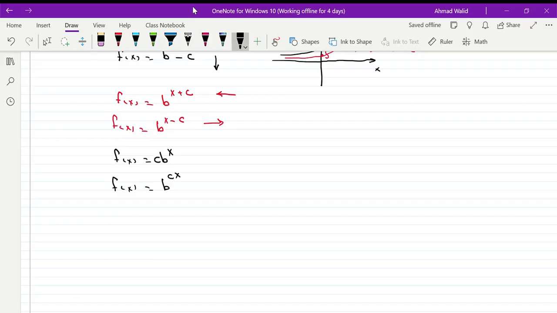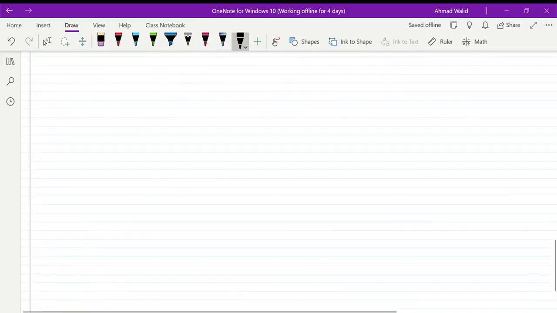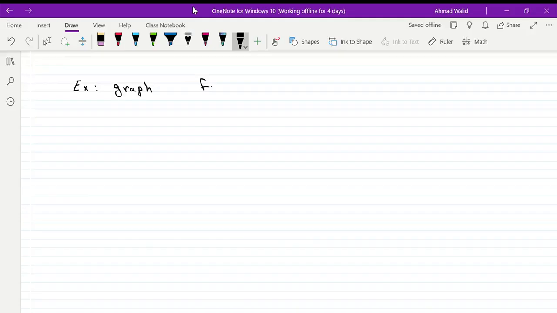But anyway, I'll do at least one example here to show how I'm using transformation or translation to graph an exponential function. For example, graph f of x equals, let's say, 3 to the power of x plus 1.